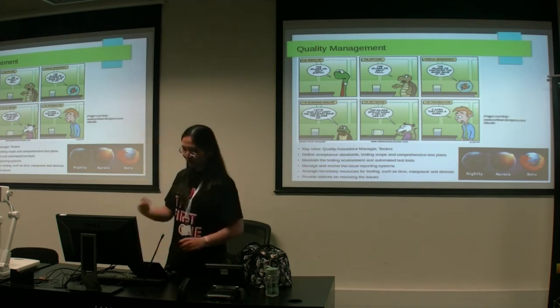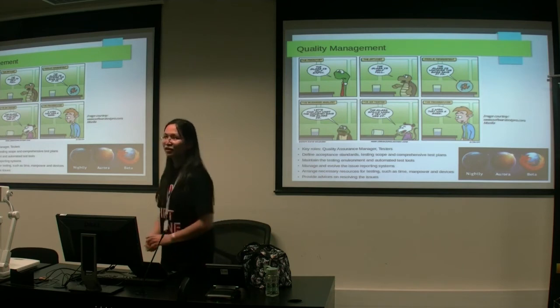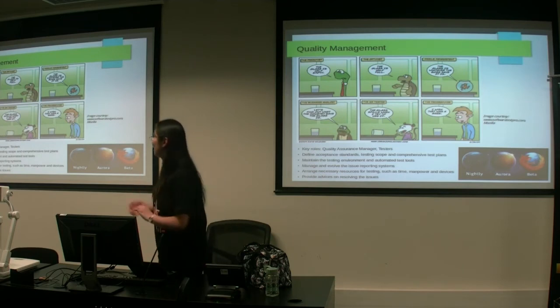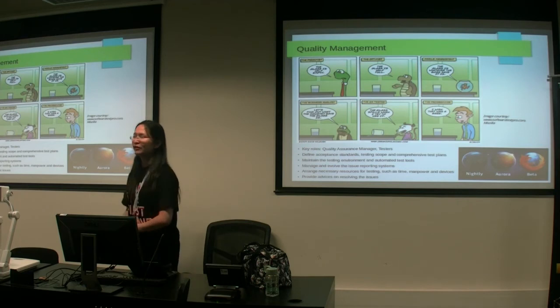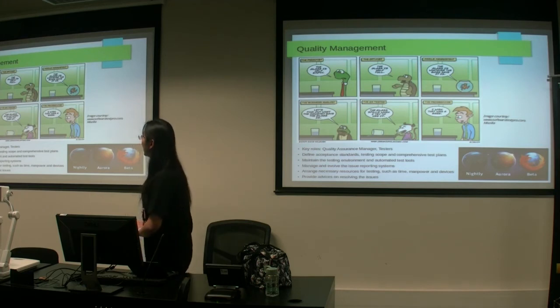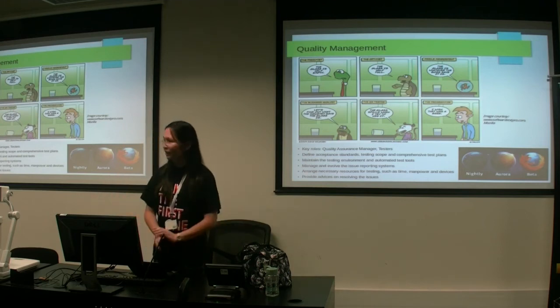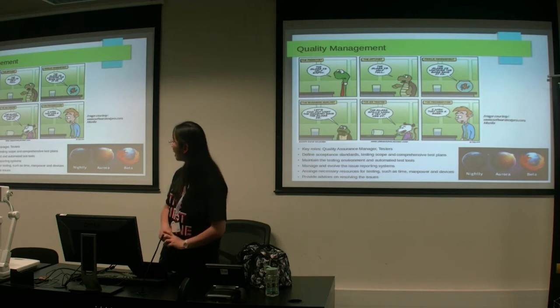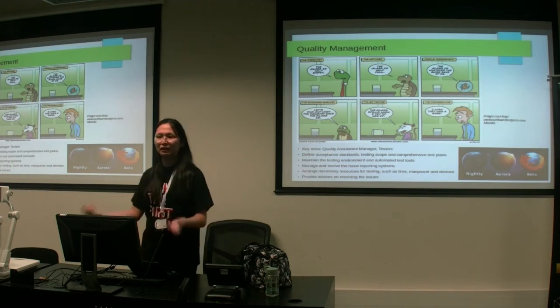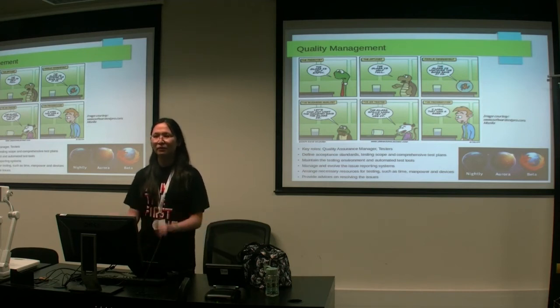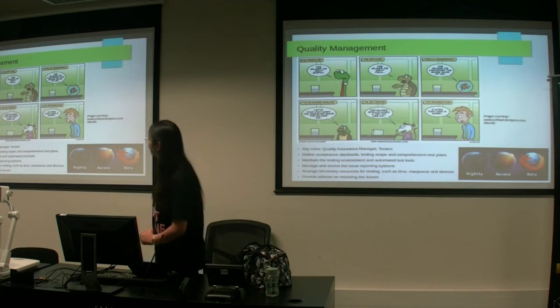They should also monitor and evolve the issue reporting system, like Mozilla or whatever. They should look at it very closely and arrange necessary resources for testing, such as time. You have to allocate enough time for testing, manpower, and, if you're doing mobile stuff, arrange different devices as well.